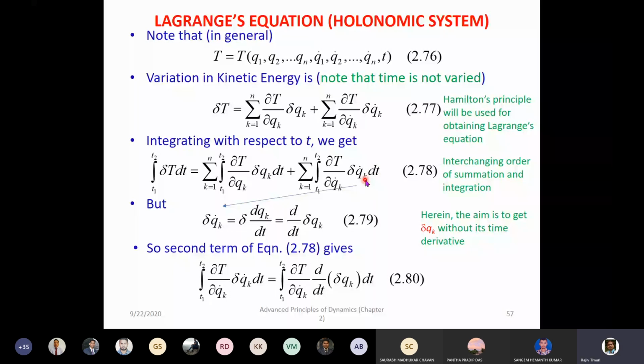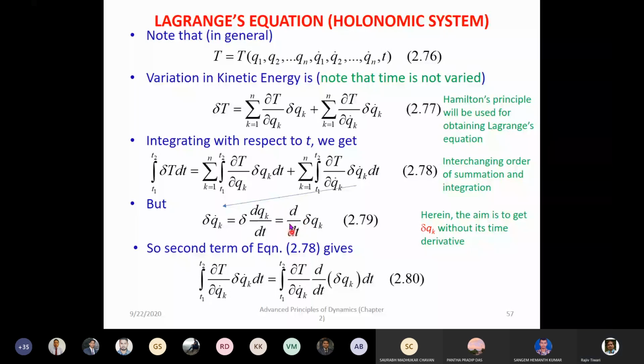So for that, I'm taking this particular term separately here, delta variation of velocity Q dot k, and that can be written in the form of derivative, and I'm interchanging the derivative and the variational operator order. I'm bringing in the variation so that when I do integration by part, this will go.